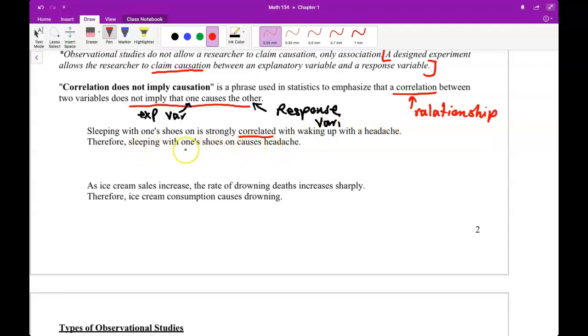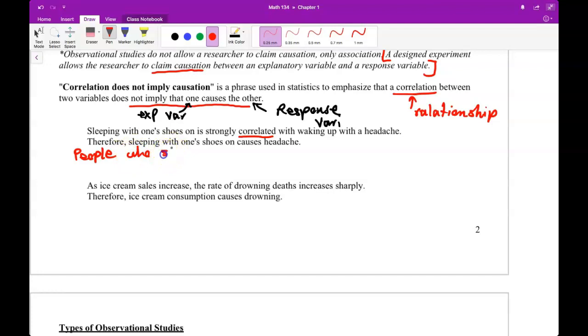You may have other reasons for that headache, not the shoes. I want to have some other reasons that are actually causing this headache.